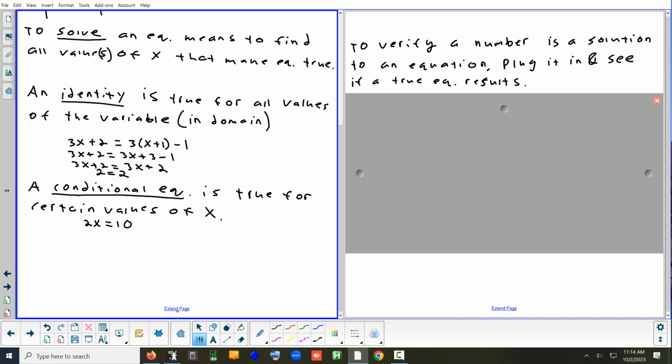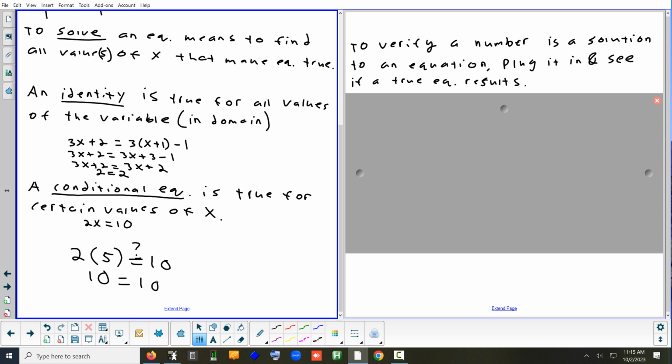The way I could check that 5 works is take 5, plug it in for x, and I put a question mark there because I wanted to see if that's true. And if I fill 5 in, I get 2 times 5 on the left. 2 times 5 is 10. Equals 10. That's how you know you've checked an equation and the answer works. You get a true statement.